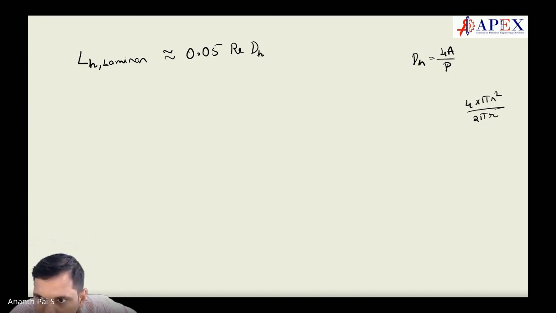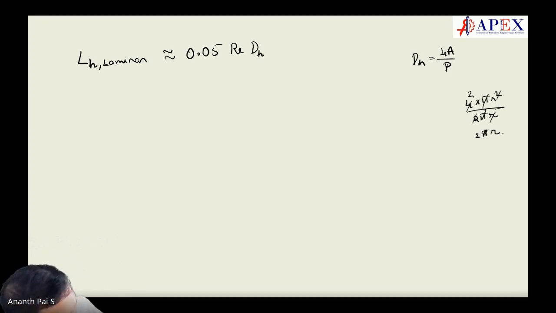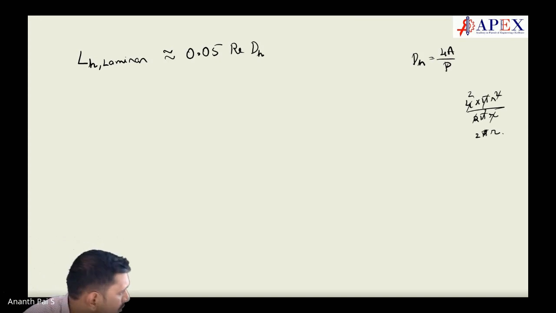R cancels, so you get 2r, which is one diameter. Correct. Sometimes I get into confusion, and when I do, I resolve it like this.